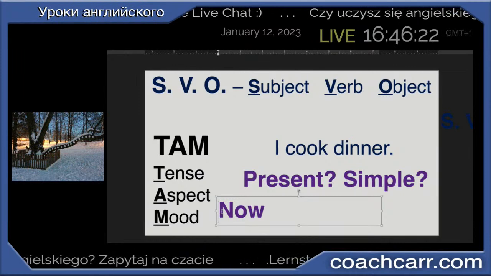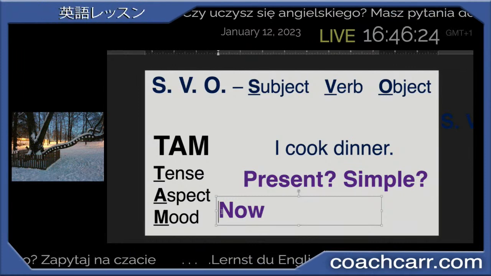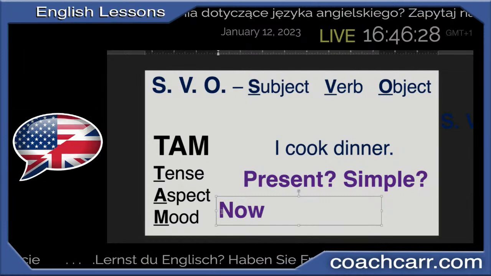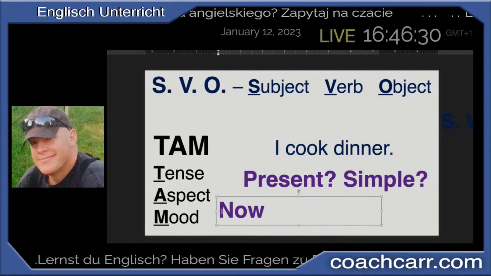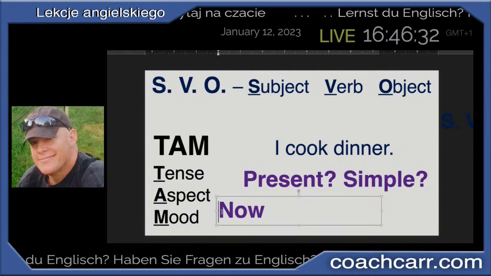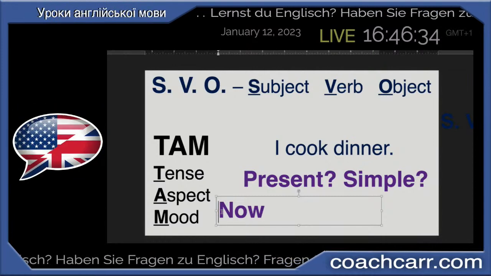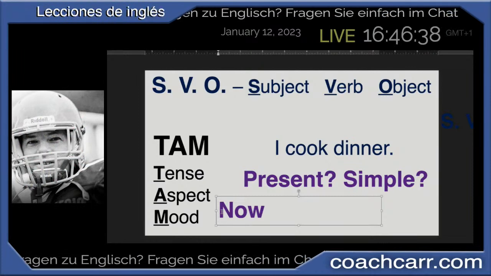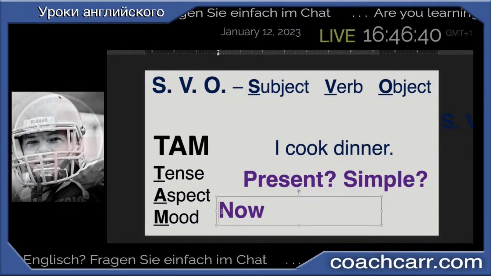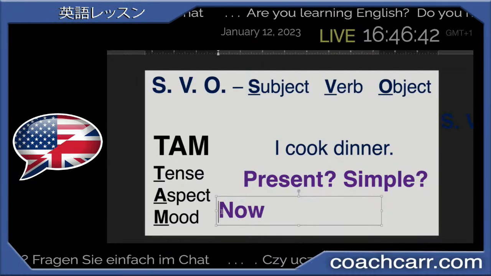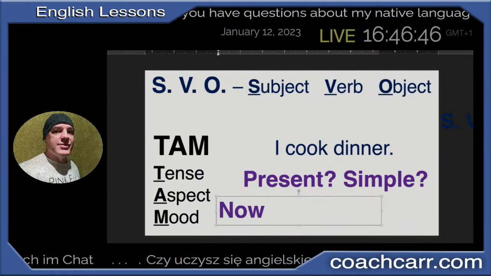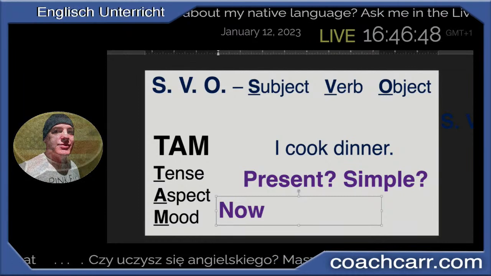If you do a Google image search, let me see, doing that right now. Number of English tenses. Okay, well, I'll show you this here. Before the Google image search, let's have a look here.